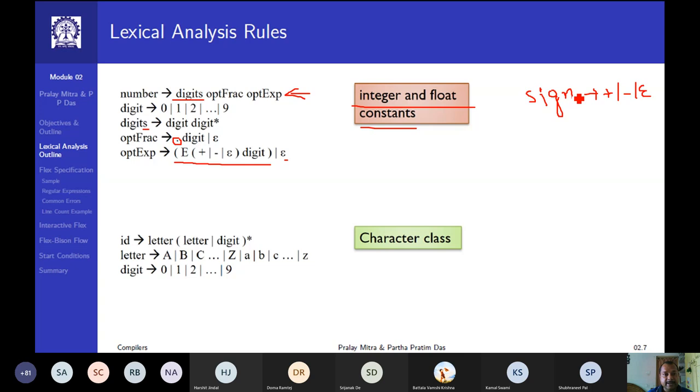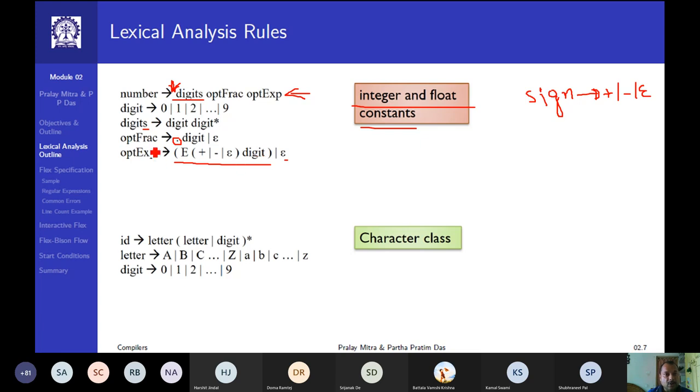The question mark indicates that it may occur or may not occur, but do not go to that question mark, that is a different convention. So sign is plus, minus or epsilon, and you can have it at this position. Then only you can have a signed number. Otherwise, this example is not allowing negative.